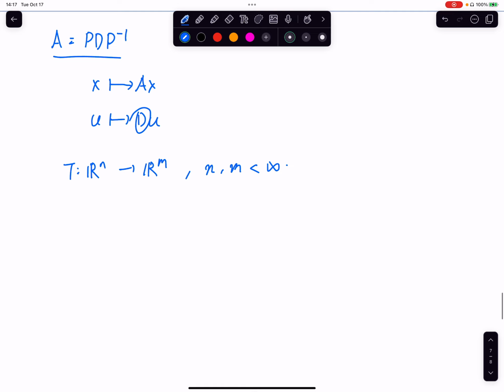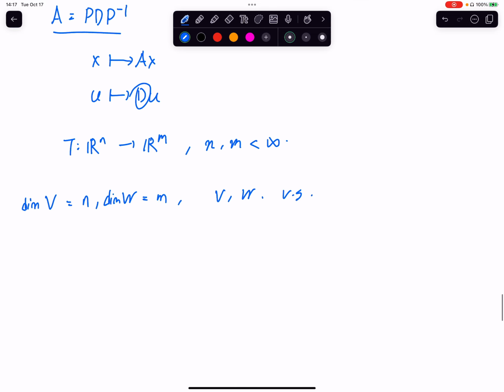Let us consider V of dimension n and W of dimension m, where V and W are both vector spaces. Consider a linear transformation T from V to W, preserving the vector space structure.